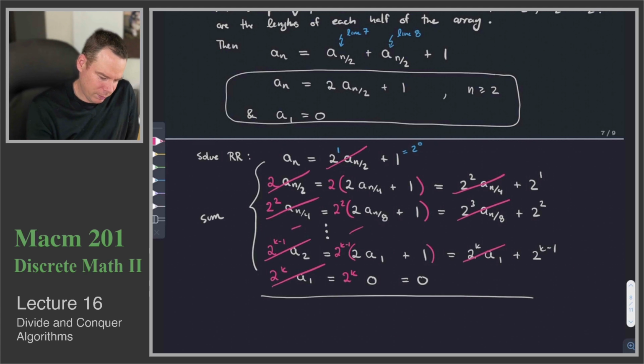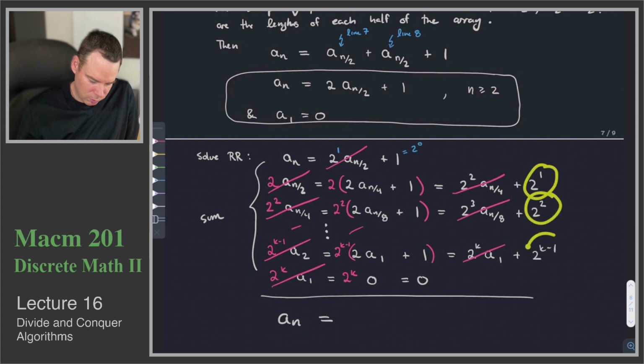And so what survives on the left-hand side is just a sub n. So we get a sub n is equal to, what's survived on the right side? Well, I've got a 1, or a 2 to the 0, 2 to the 1, 2 to the 2, all the way up to 2 to the k minus 1.